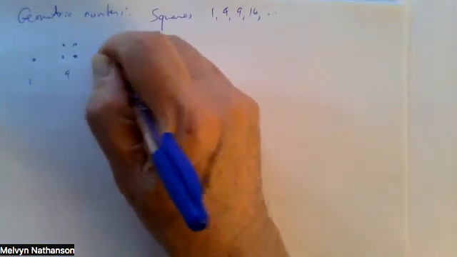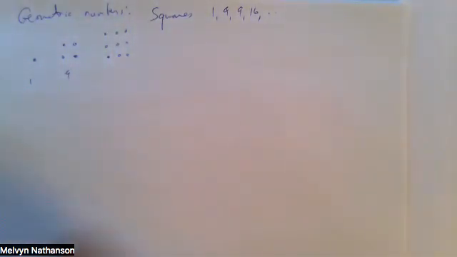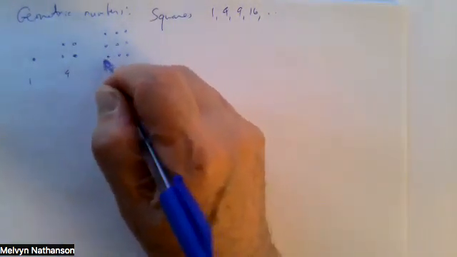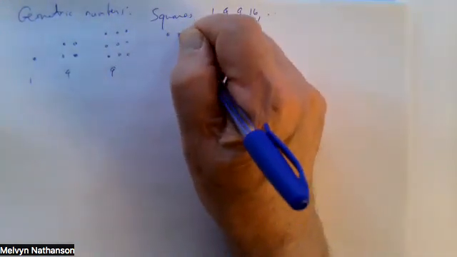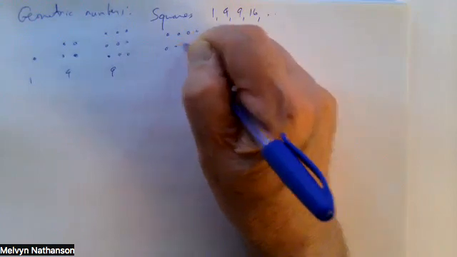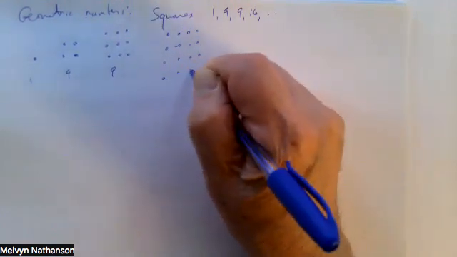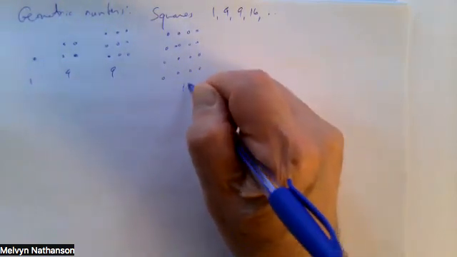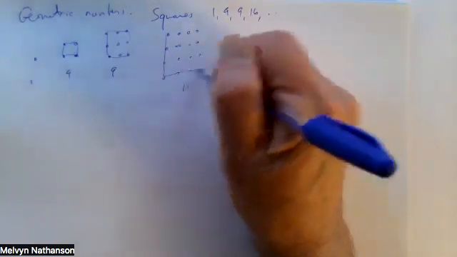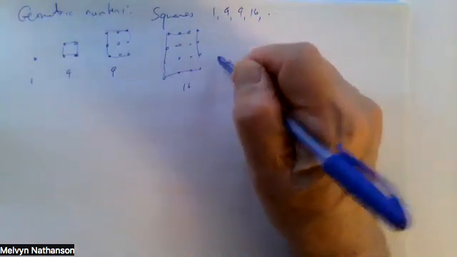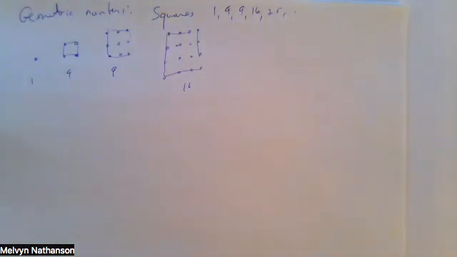For 9, you can draw a square with 3 dots on each side. That's 9. 16, that's 16, right? So these are all somehow built up from squares, and 25 and so forth. These are the square numbers.